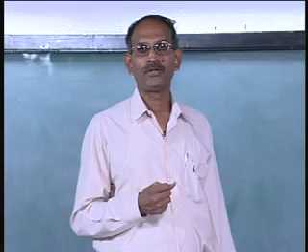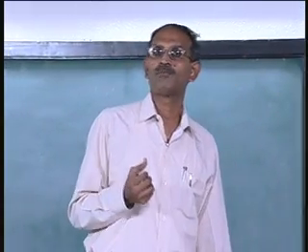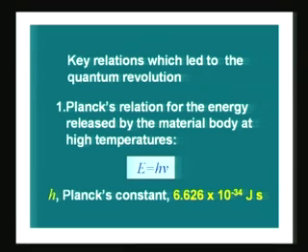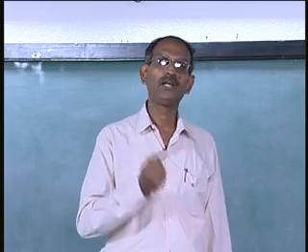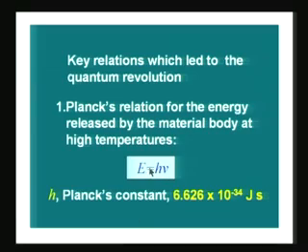Max Planck came up with a radical suggestion that the energy released by the material body, as it is raised to very high temperatures, is released in the form of light, in the form of radiation. The energy is released in packets from the material body, and he defined the size of this packet by the relation here.